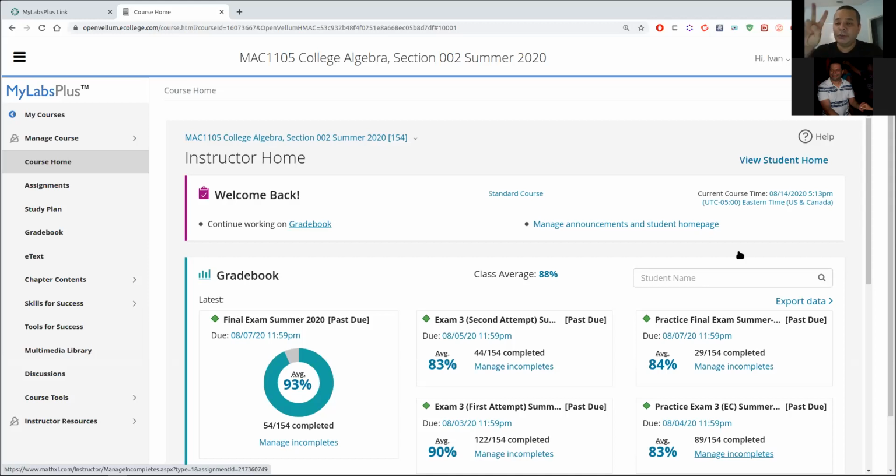You do have a 2-week grace period, so you can get in there and work with MyLabs Plus for 2 weeks without paying for it. I don't want to hear anybody saying I didn't know that. I've said it here. I'm going to say it in announcements, and it's going to be in the syllabus as well.